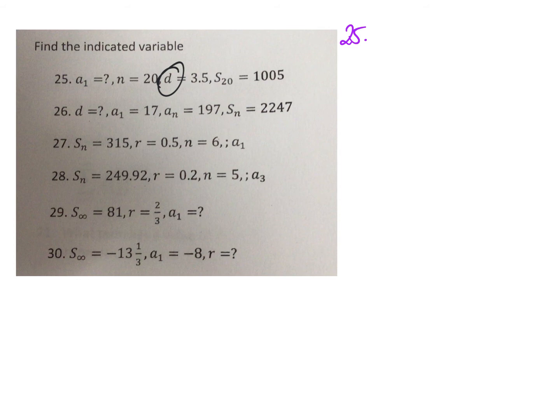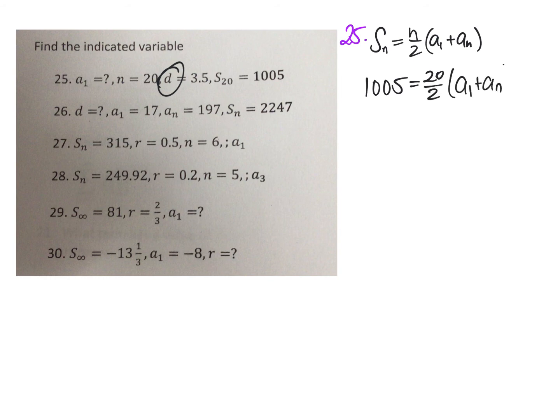So for number 25, I need to find a1. Well, what do I know? I know the sum, n over 2 times a1 plus an. I know n is 20, and I know the sum is 1005, 20 over 2 times a1 plus an. But I don't know a1, and I don't know an.